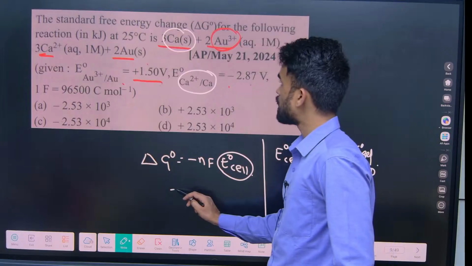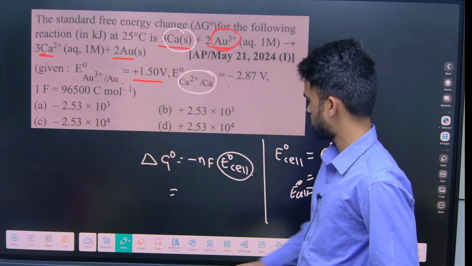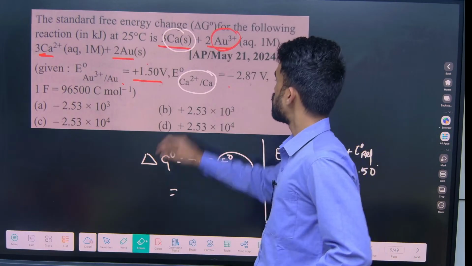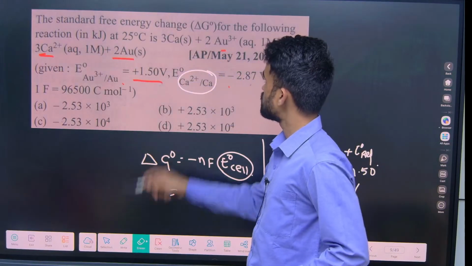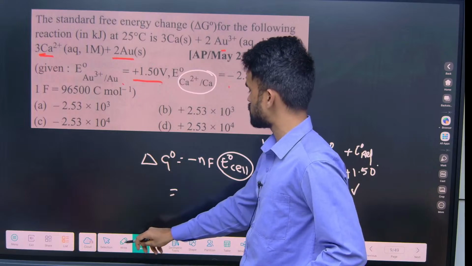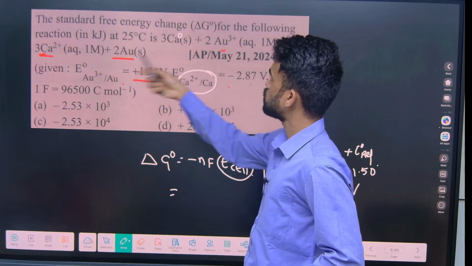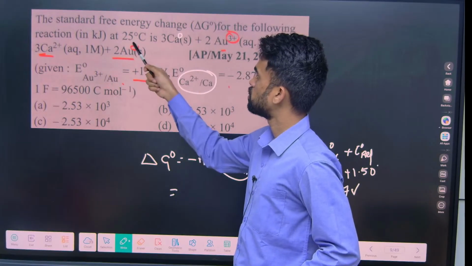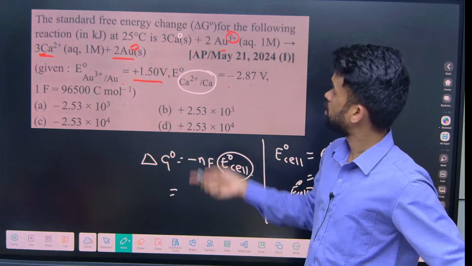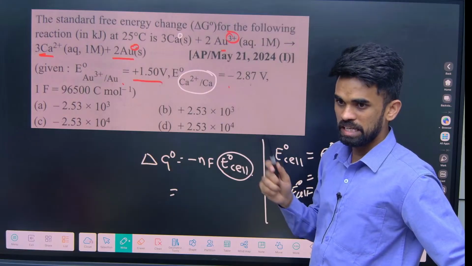What about the number of electrons involved? Check once from the equation. How many electrons are involved? Calcium metal is converting from oxidation state 0 to plus 2. Here gold 3+ is converting into 0. How many electrons are involved? There it is 2, here it is 3. Are they equal?